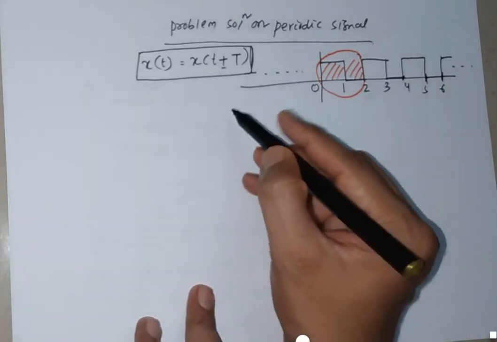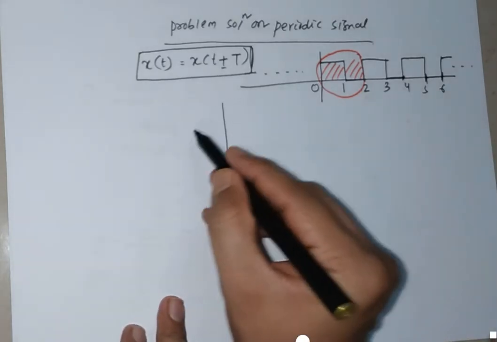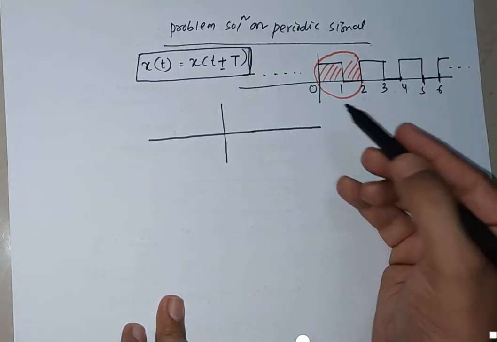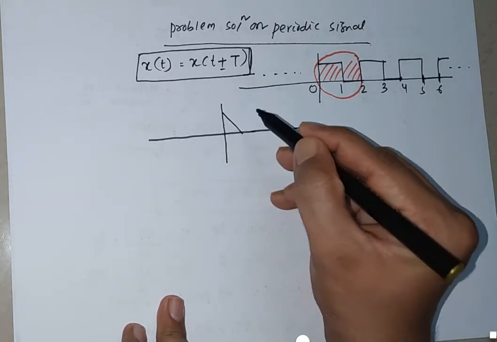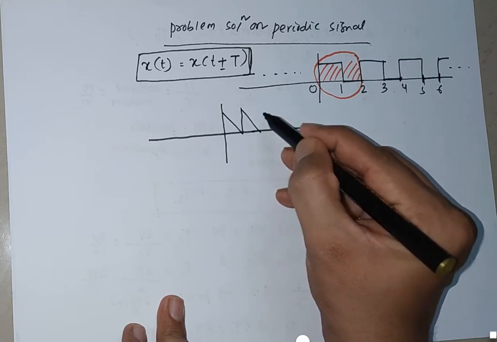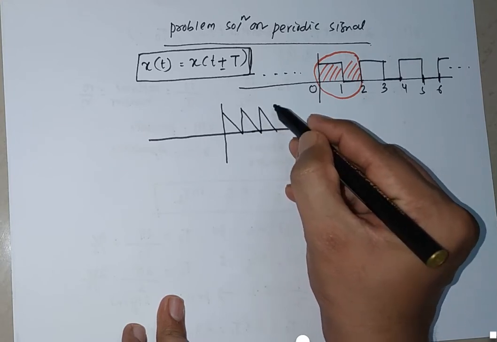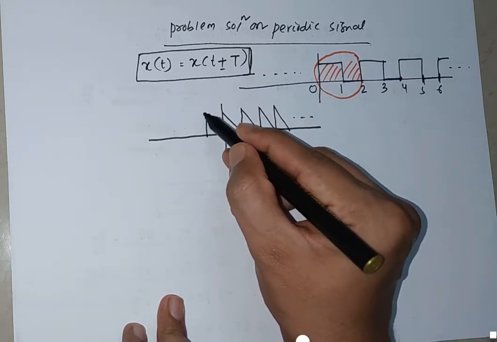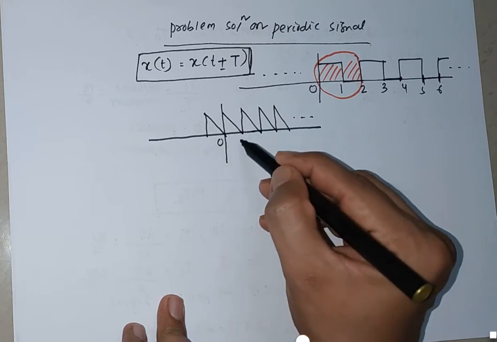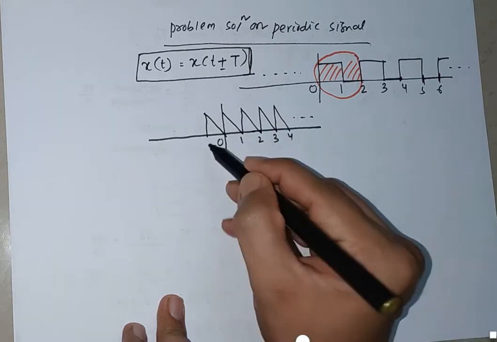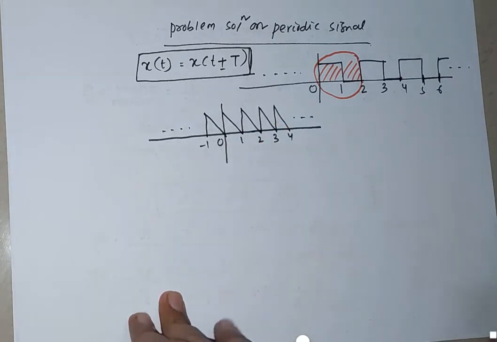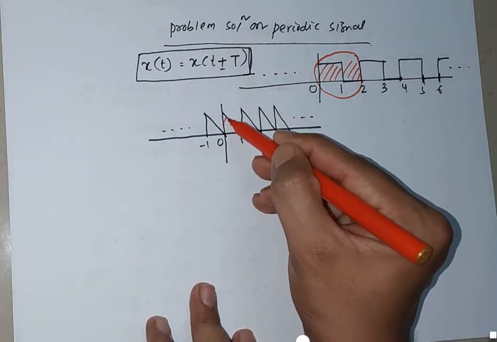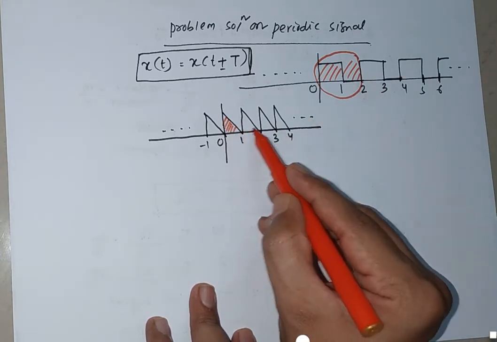So this is a periodic signal. If you take another example, one portion of the signal repeats after a certain interval of time, then it's a periodic signal. If you see this signal, now this signal is also periodic, because this portion is repeating.